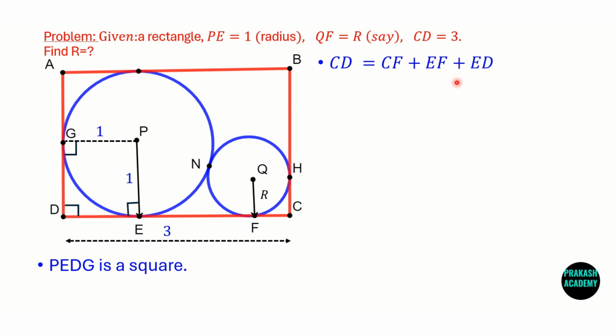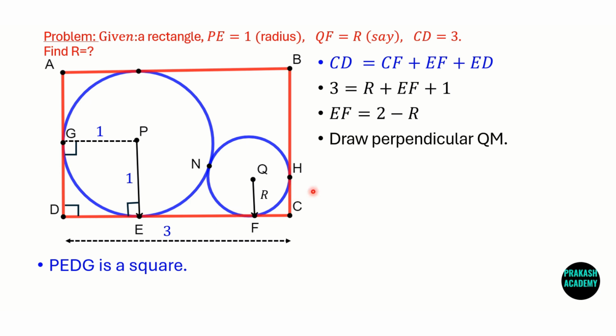So let us plug this in. CD is given, this is 3 unit, CF is capital R, let us leave EF as it is, and ED is 1 unit. So from here I can get EF. EF will be 3 minus 1 minus R, that is 2 minus R. So now I know length EF in terms of capital R.